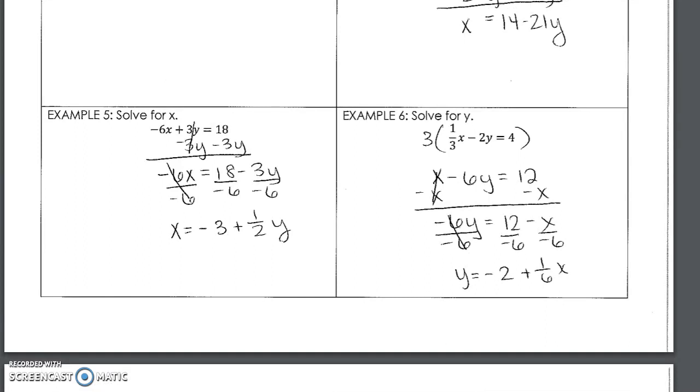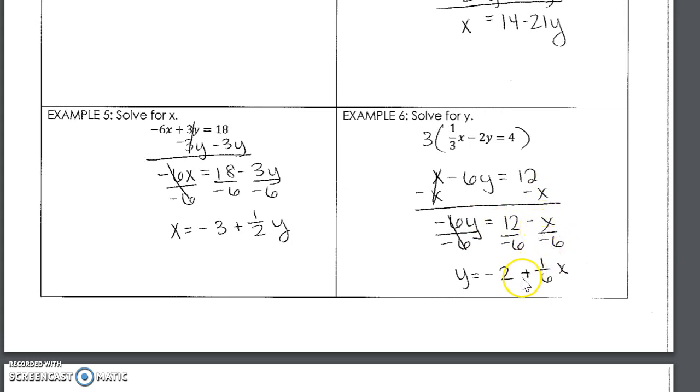Your answers for 5 and 6 are up there. So notice x is equal to negative 3 plus 1/2 y. Notice that that negative 6 goes underneath the 18 and underneath the negative 3. So that's where those two numbers are coming from. Same thing with this. You're dividing by a negative 6. So 12 divided by a negative 6, negative 1 divided by a negative 6.